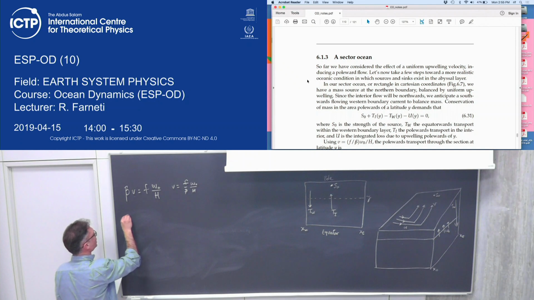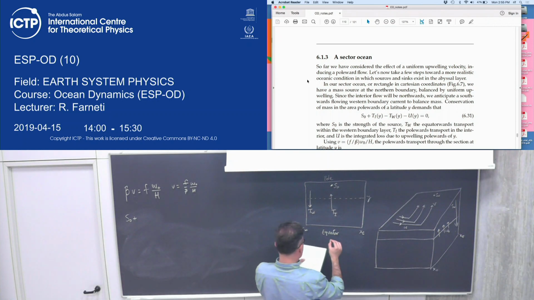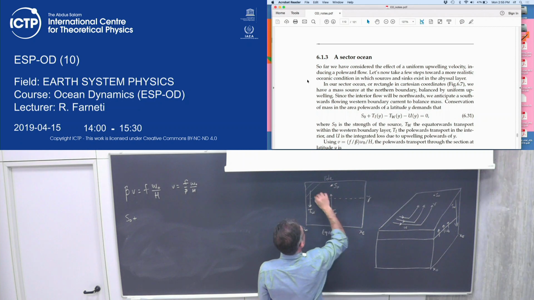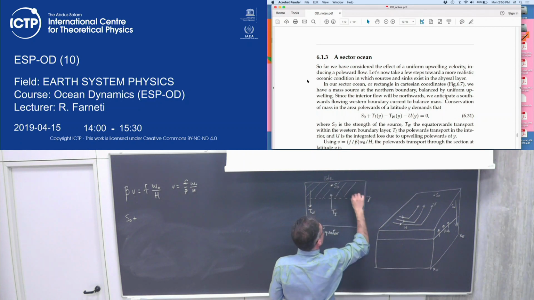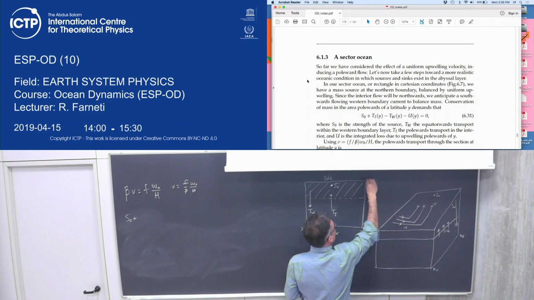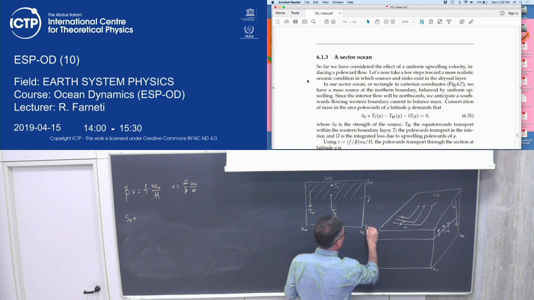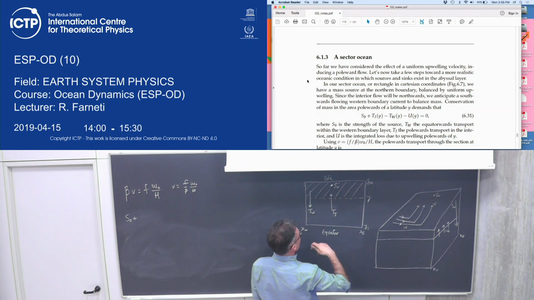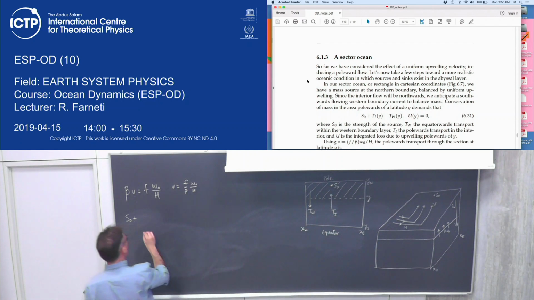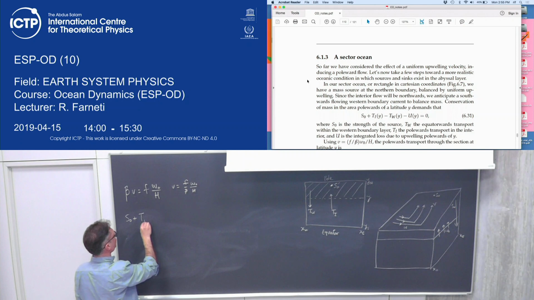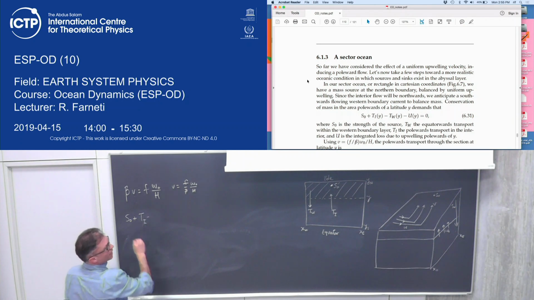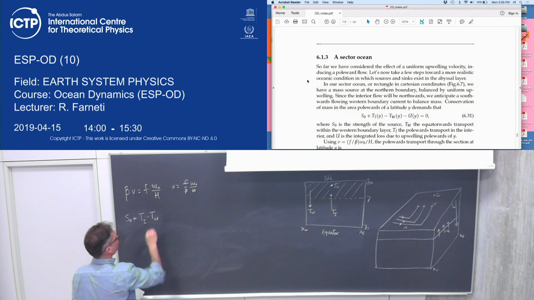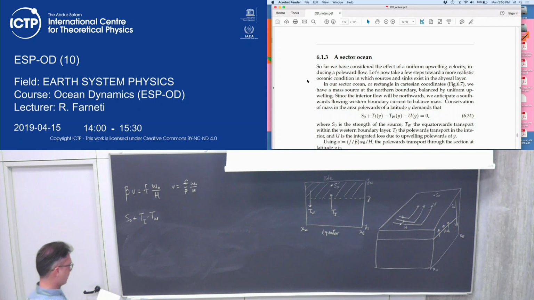So the conservation of mass says that you have an injection of mass, S naught. If you do mass conservation here between Y and Y naught, and this is Y south, in this region, and you do a budget in the bottom layer, you have an injection of mass, S naught, plus you have injection of mass because of the interior transport, minus you're losing mass through the western transport, minus you're losing mass because of the upwelling.